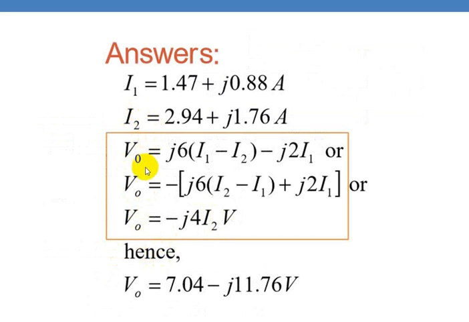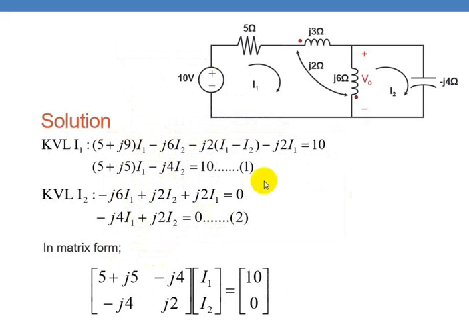So now you write the equation for V0. It is J6 into I1 minus I2. Why am I writing I1 minus I2? Because for this given polarity, you get this polarity only when current I1 is of this polarity, so we can keep this current as positive. So I1 minus I2 because I2 is now opposite to I1. If it is the same direction, you have to add.